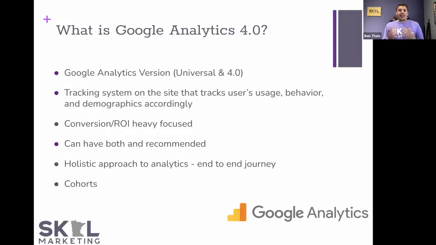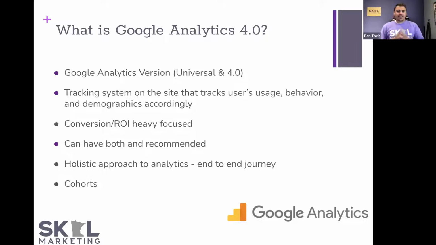What that means is they want to be able to track when someone gets onto your site, not only where they are coming from and what they are doing, but where they are maybe even going with other devices, and really track how valuable this person is. Universal Analytics is a little bit more quantity over quality.